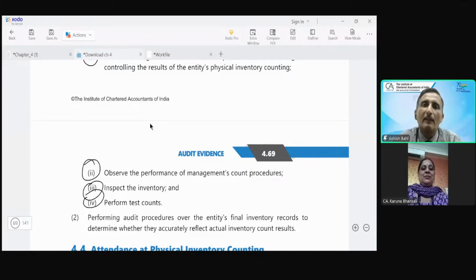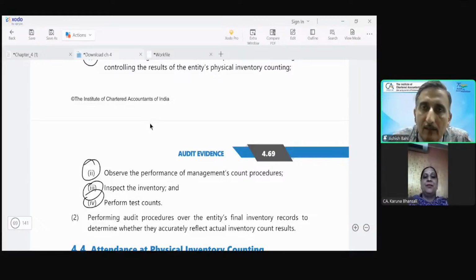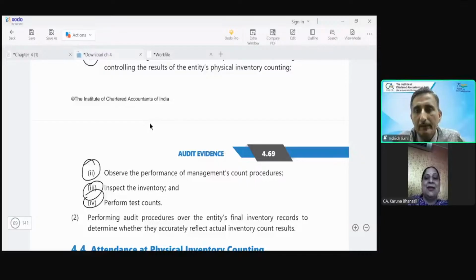I hope you would have found it useful. So we'll again meet day after tomorrow, students, to discuss another important chapter, that is chapter 5, audit of items of financial statements. Okay, so that's over for today.